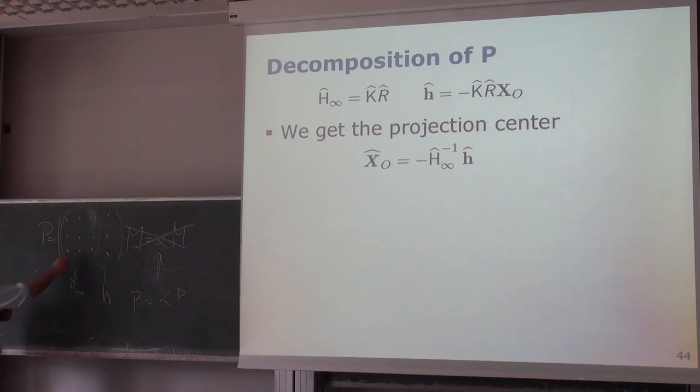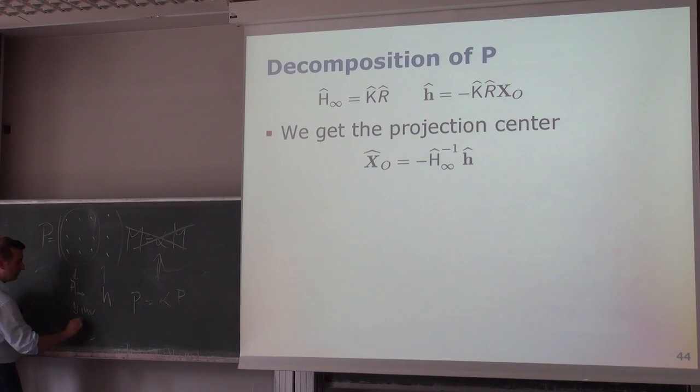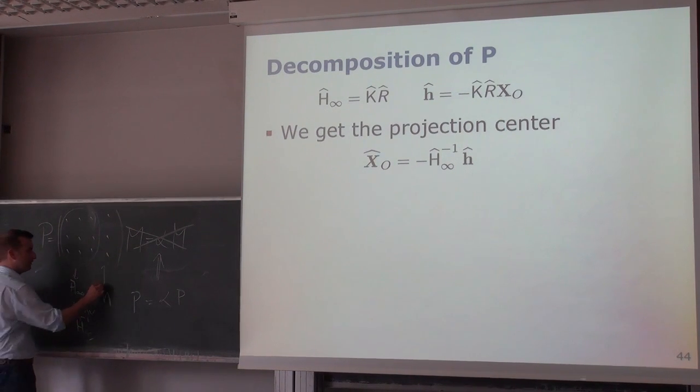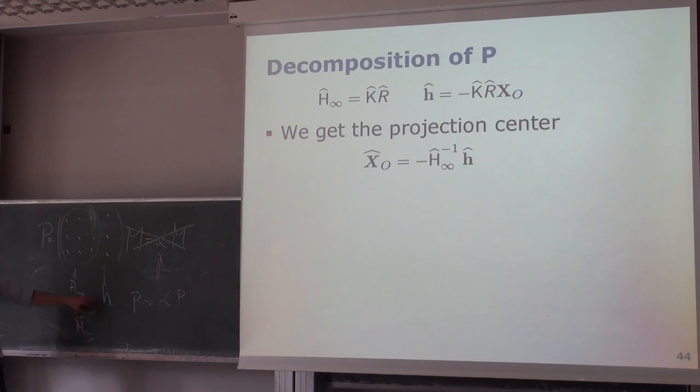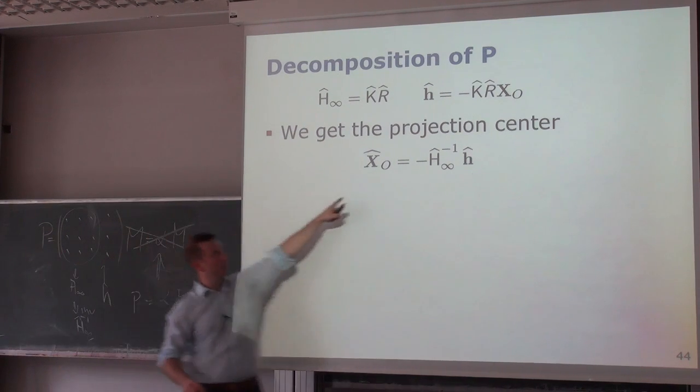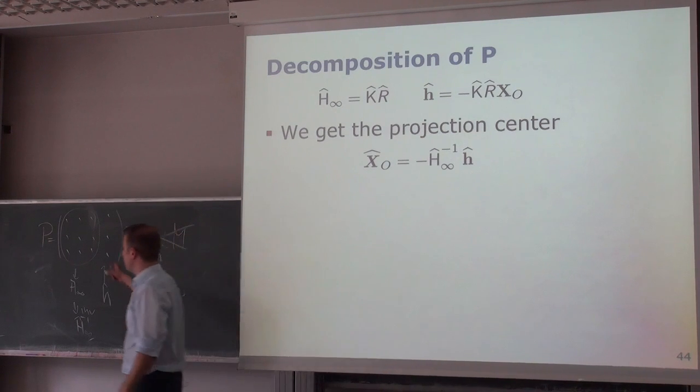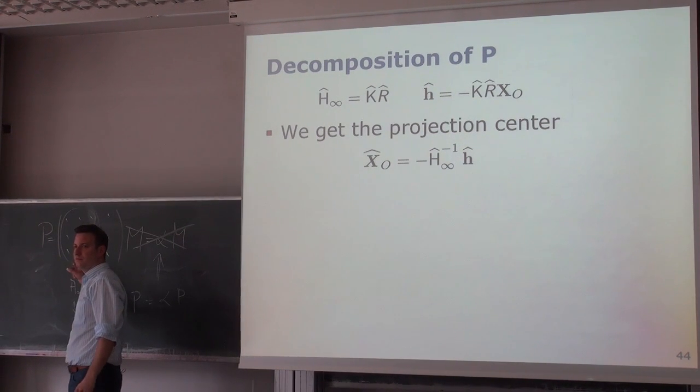So the only thing I need to do is pick this out and invert it, which gives me H infinity to the power of minus 1, and I have my vector h over here. And then I can use those two to compute the projection center. So that's something I can obtain easily from my projection matrix. Is that clear?